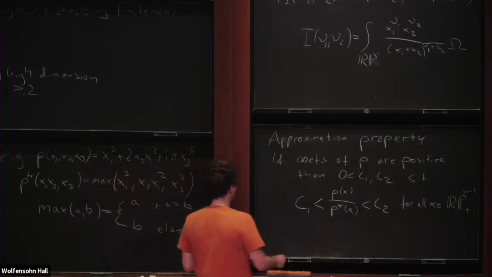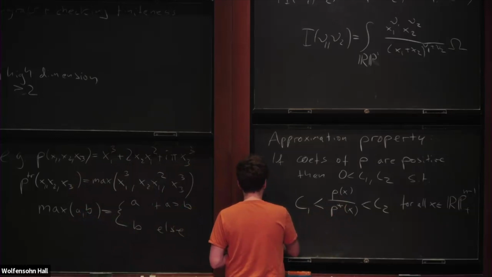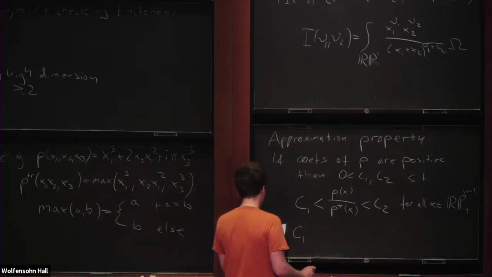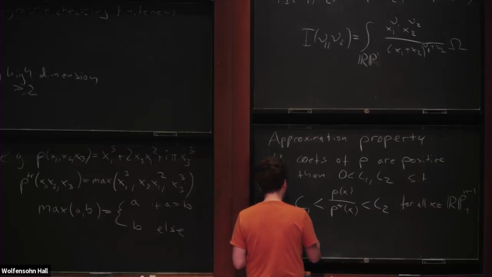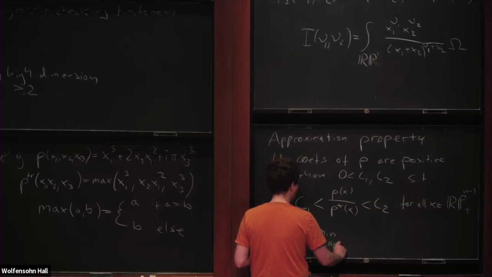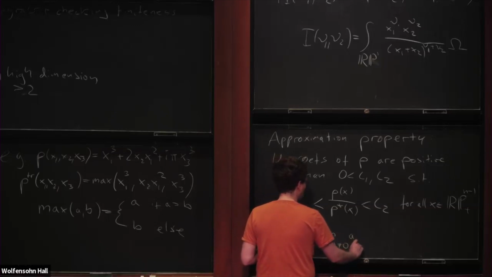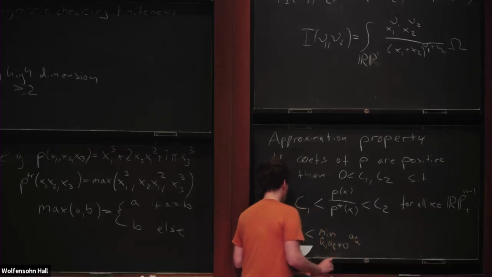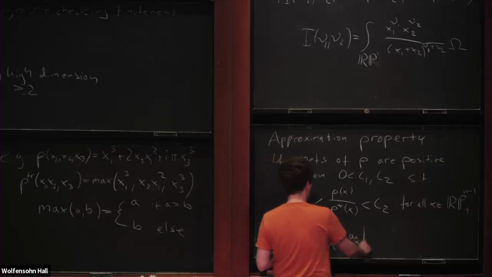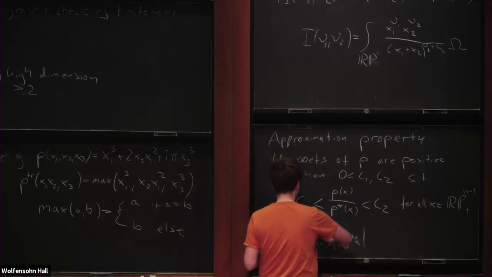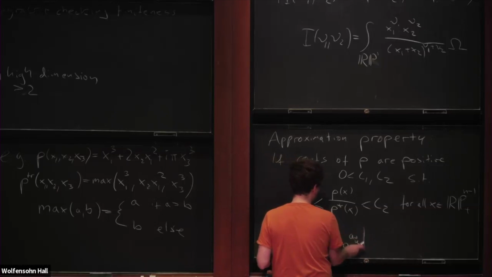The proof of this is actually very simple. For the proof, you just choose C1 to be smaller than the minimum of all non-zero coefficients. It's always positive, so we don't need to take the magnitude.